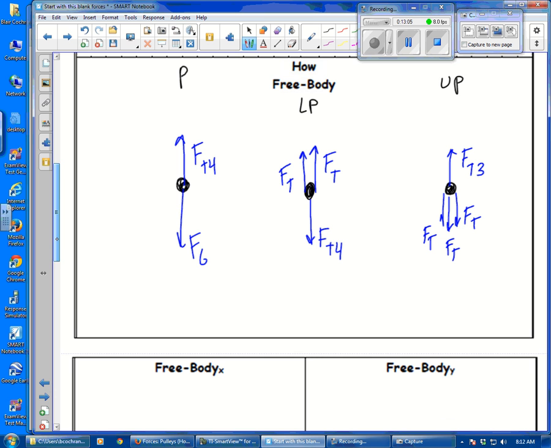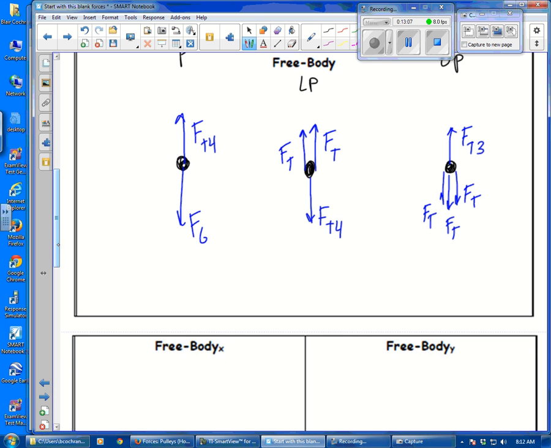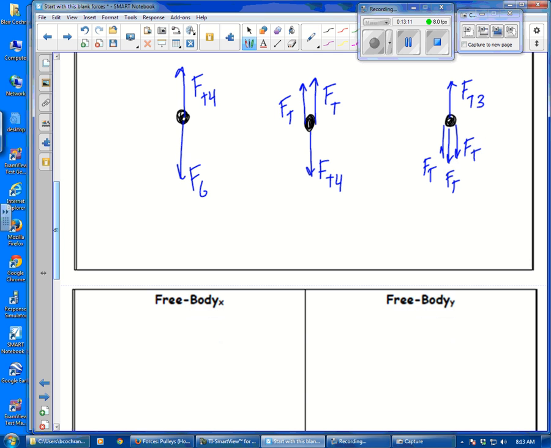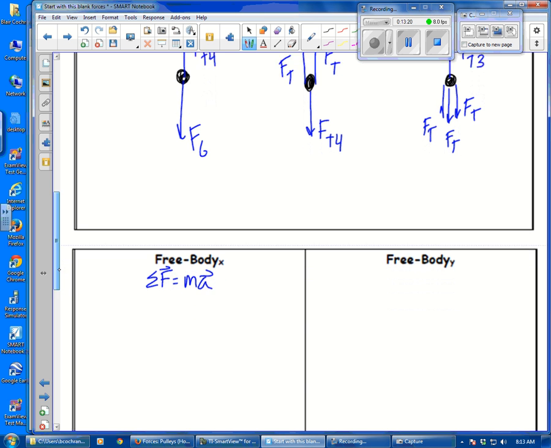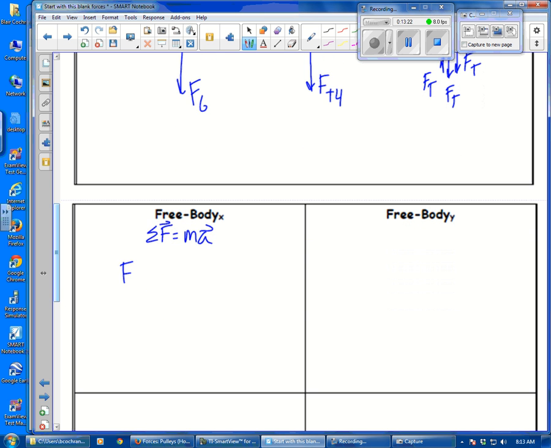And then I think I'll start and I'll work left to right, and worry about where the chips fall. So the sum of the forces is ma, and we'd have FT4 minus FG equals m times 0. We'd have FT4 equals mg.